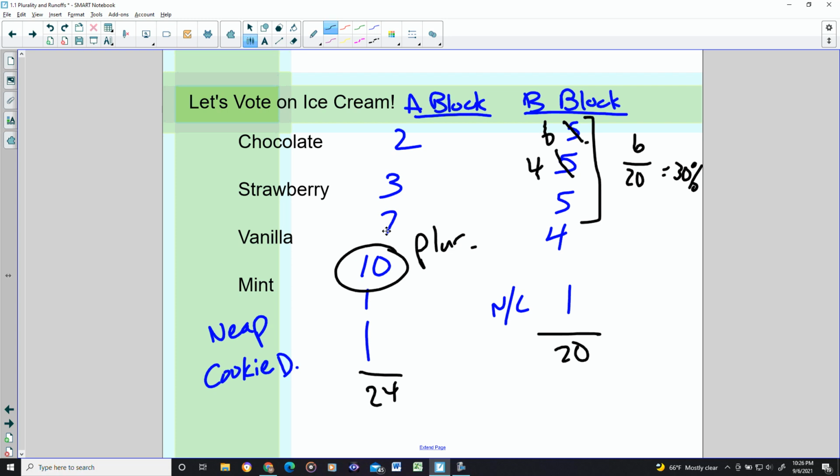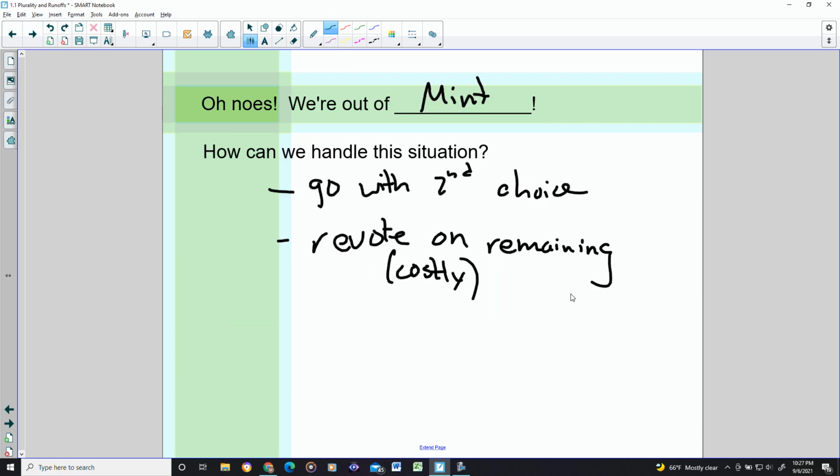I mean, 7 out of 24 is what? 7 out of 24, just over 25%. Okay, so you're looking at roughly the same 30% happiness there. So again, maybe not good. So maybe revoting is the best situation there.